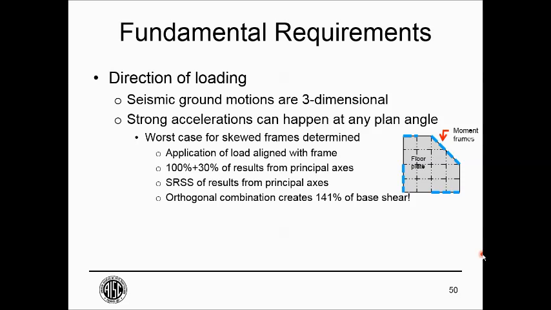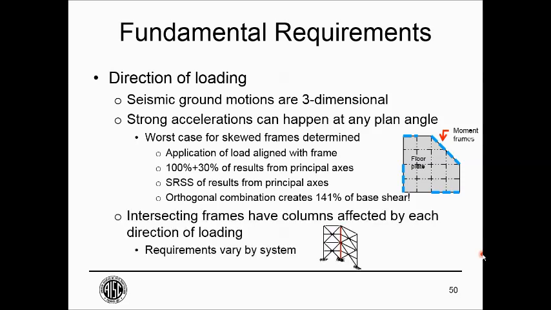This orthogonal combination is just a way to get out of applying the load in every direction, one analysis at a time. So it's just a construct. It doesn't mean that you're taking the full base shear required strength in both directions at the same time.